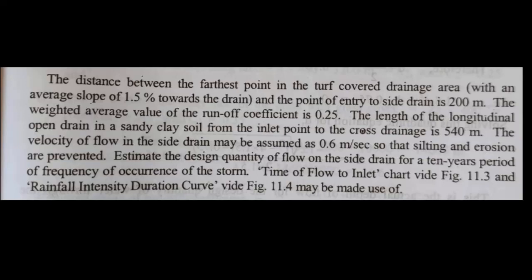Next is the length of the longitudinal open drain in a sandy clay soil from the inlet point of the cross drainage is 540 meters. The velocity of flow in the side drain may be assumed as 0.6 meter per second so that silting and erosion are prevented.